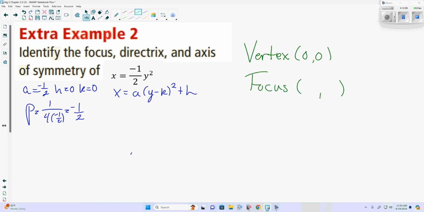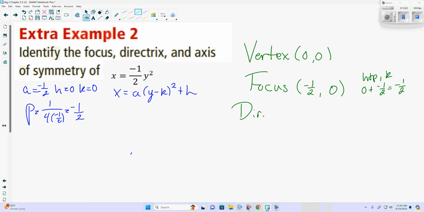Focus. Now for here, we're back to x equals, which is our h plus p comma k. So k is 0. H plus p would be 0 plus negative 1/2. All right, guys. Let's focus back up here. Negative 1/2, comma 0 is the focus.